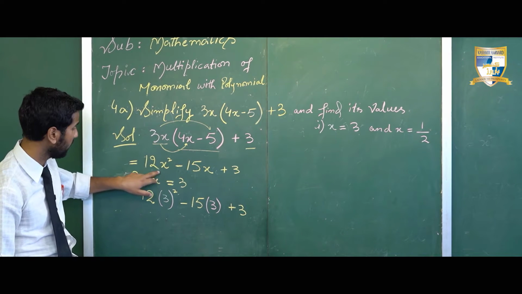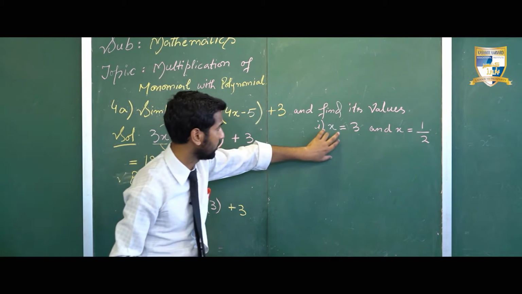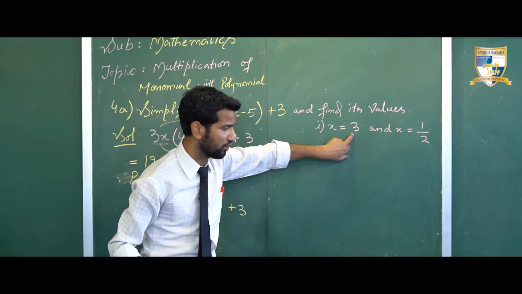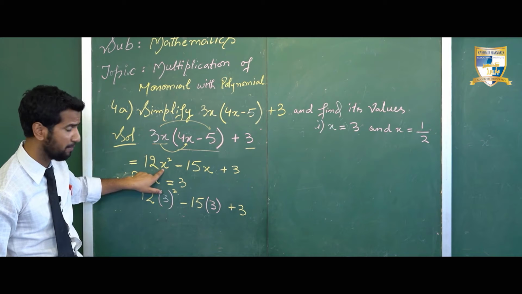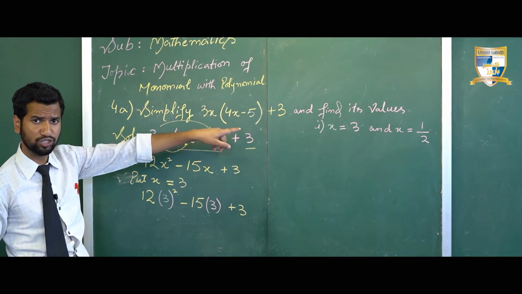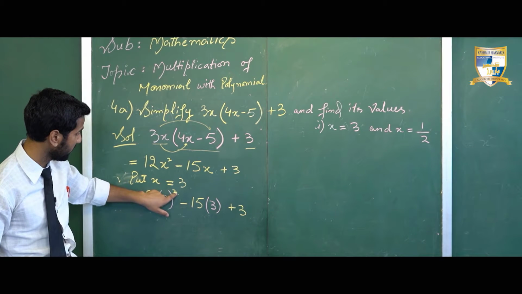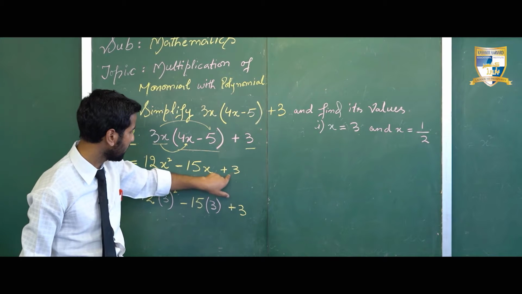What we are doing here is replacing this x with 3. It's already given in the question that after the simplification you are going to replace x with 3 and check what its value would be. So we are following the instructions of the question. Here it is 3 square, and here it's 15x means 15 into 3, and then we have plus 3.